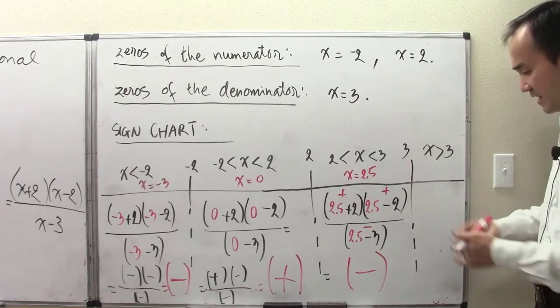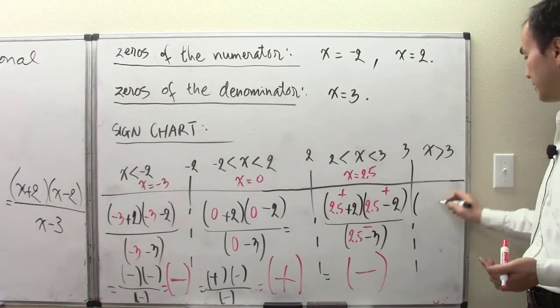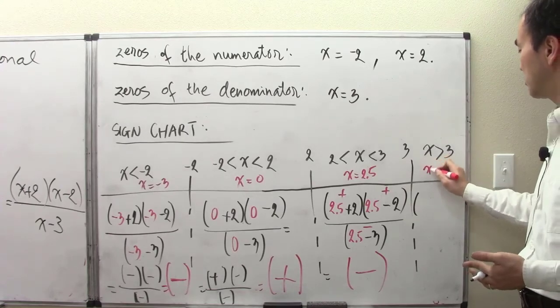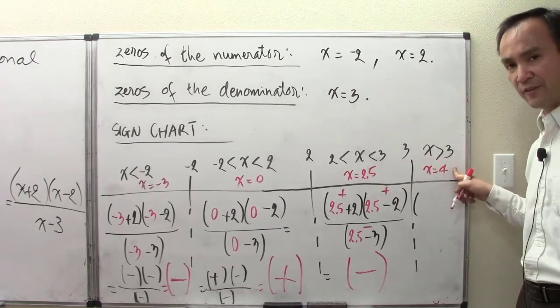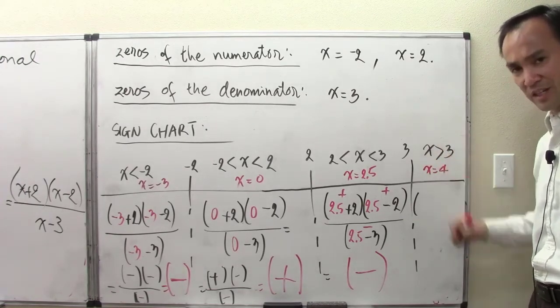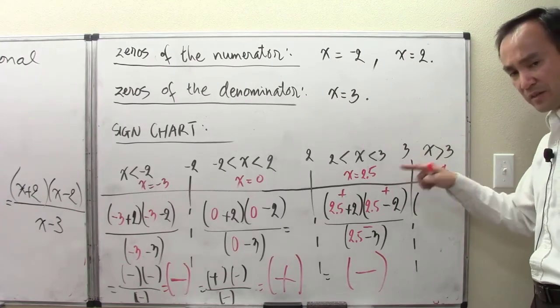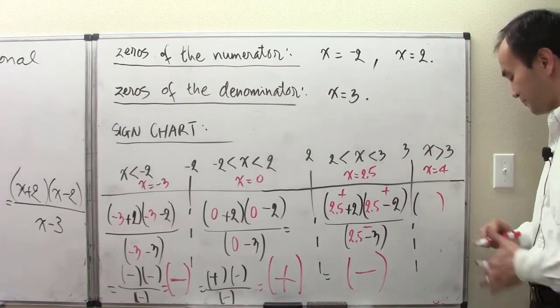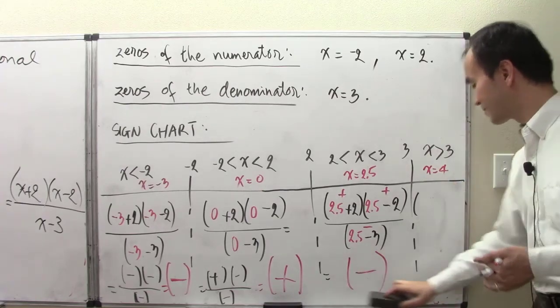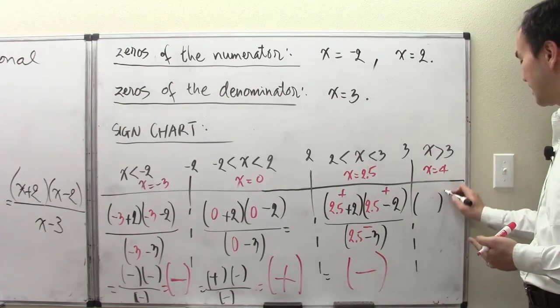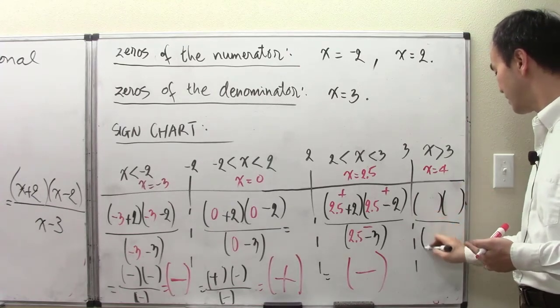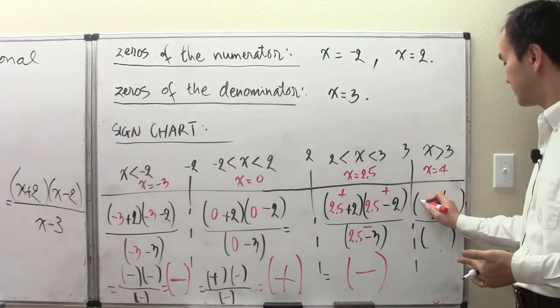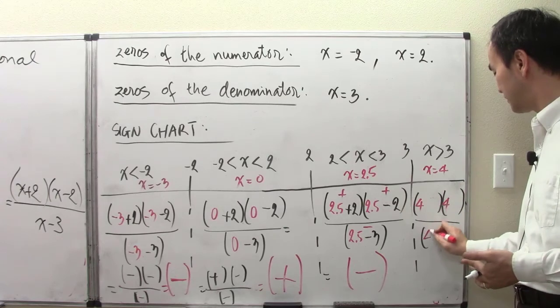All right, and then let's look at the last one right here. I'm going to pick, how about x equals 4? And let's check again for compliance with the requirements of the domain. So yes, it is compliant with the domain requirements. So now I'm going to look at substituting it in. 4, 4, 4.